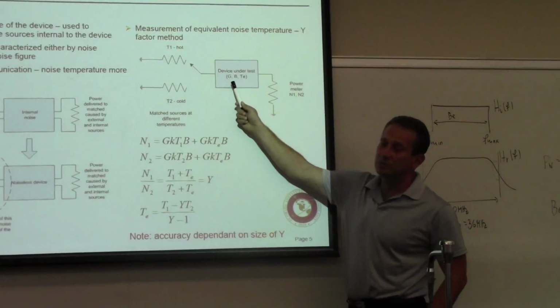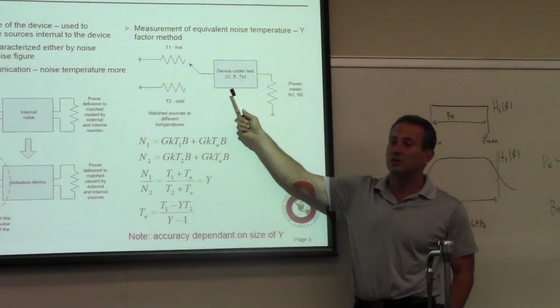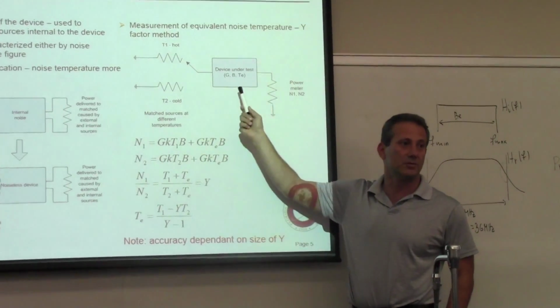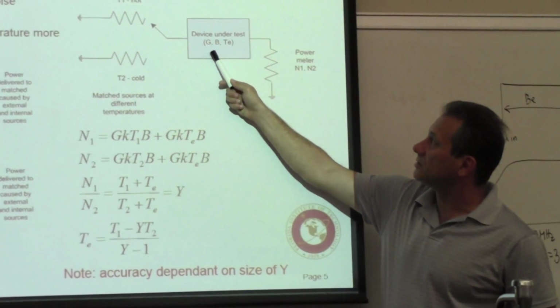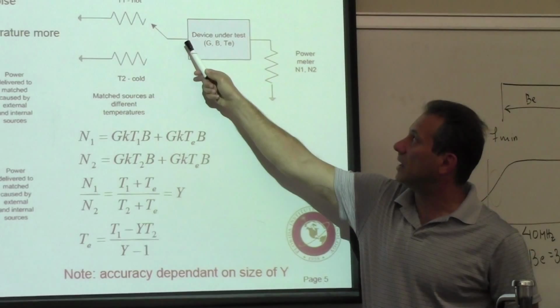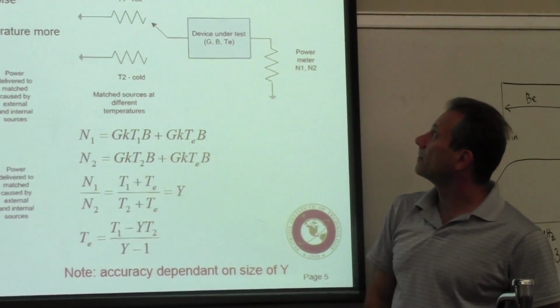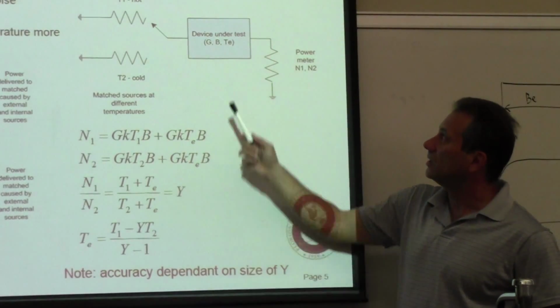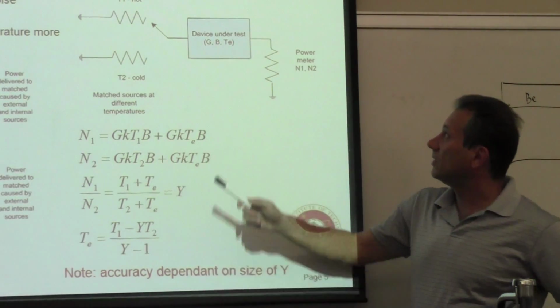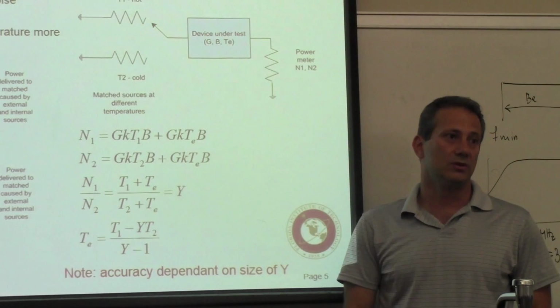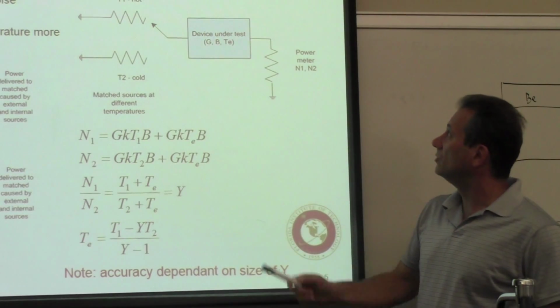The device would always have a certain gain associated with it, or it can be called a system under test, depending on what you want to test. It will have its gain, meaning the power gain from this point to the output. It will have some equivalent noise bandwidth, like given here. And it will have some noise temperature that we need to determine. The question is how you do that.